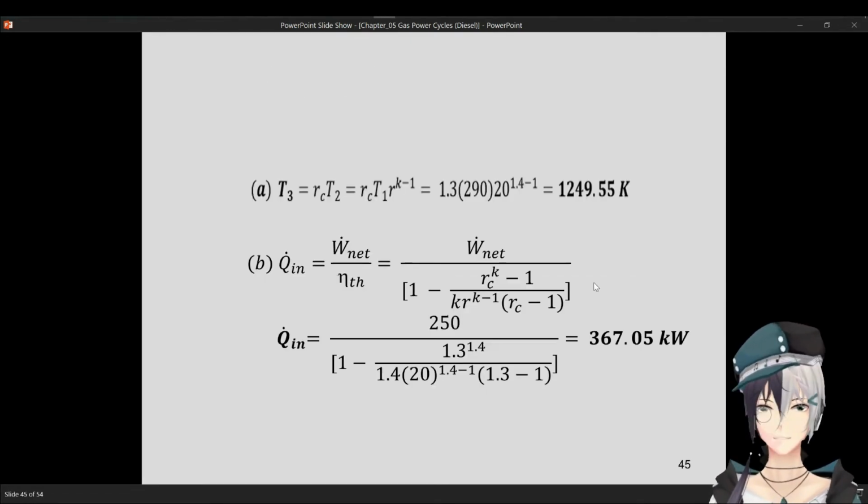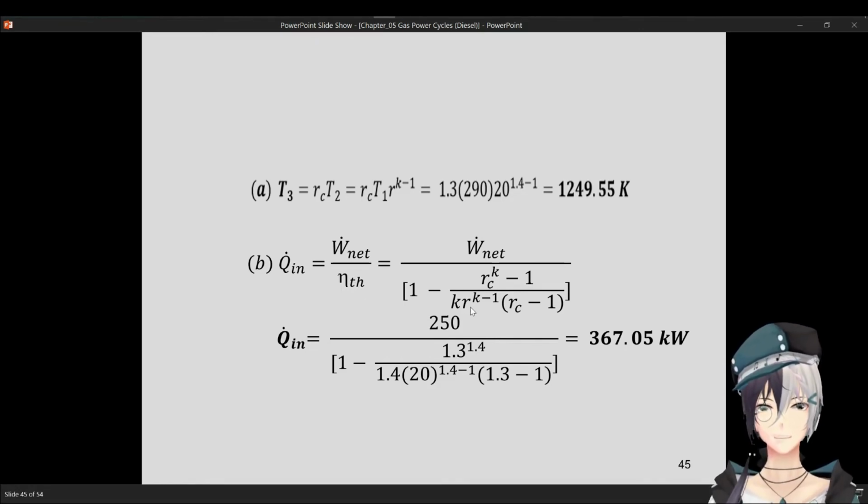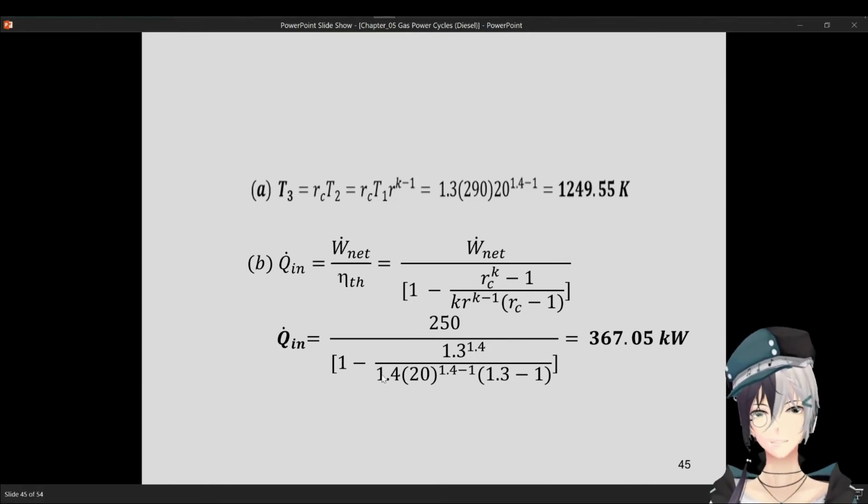So work net will be your 250, that is the power produced. Then thermal efficiency is expressed in terms of r and r sub c. These are direct substitutions, and finally, you get the value for Q in.